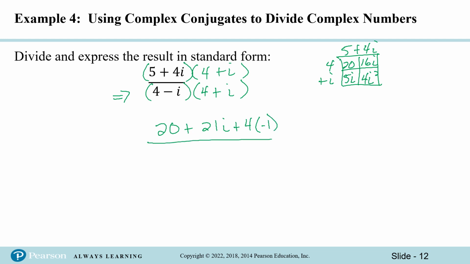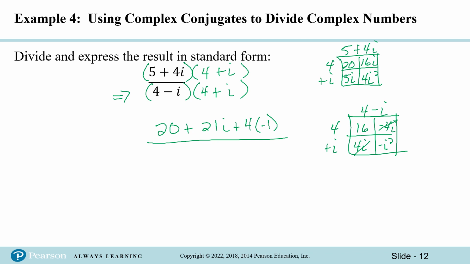That's in the numerator. In the denominator, you can either use FOIL to multiply, or you can use a box, or you can use the formula that was on the last slide. So these will cancel out, as you may remember.